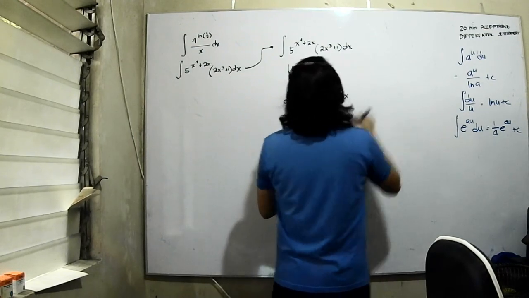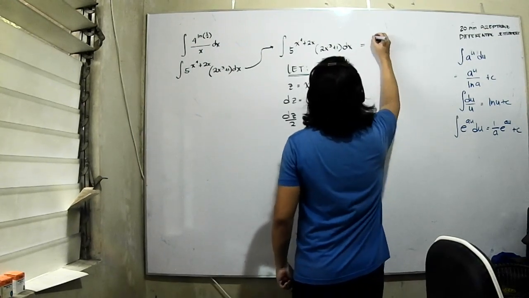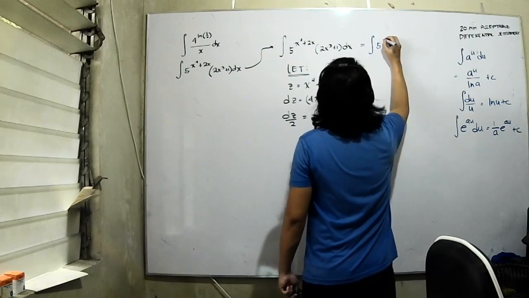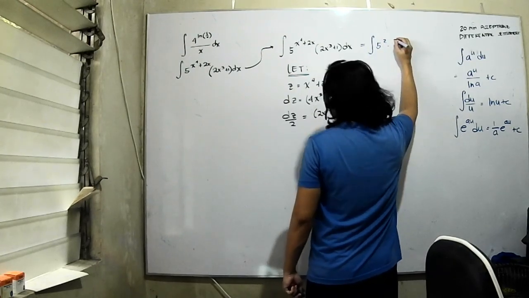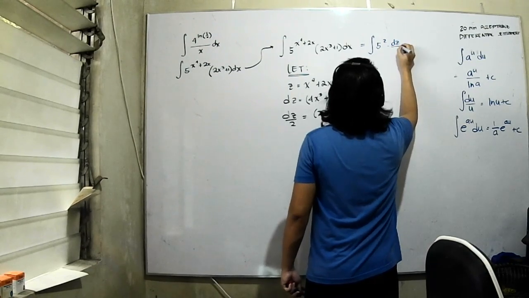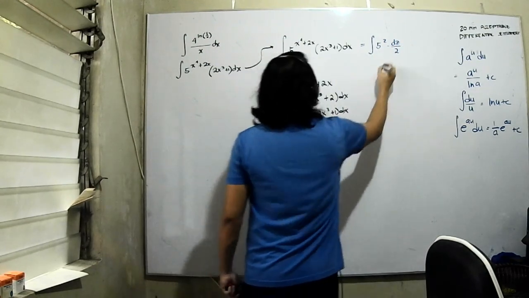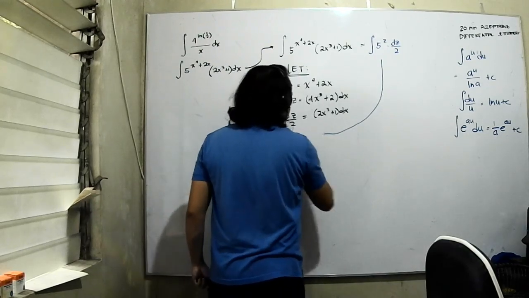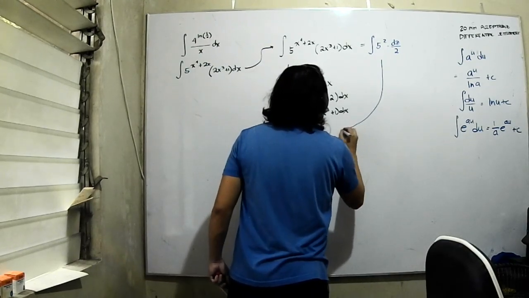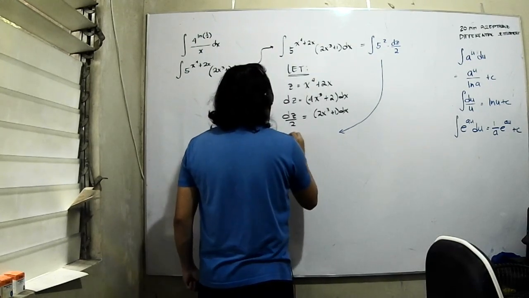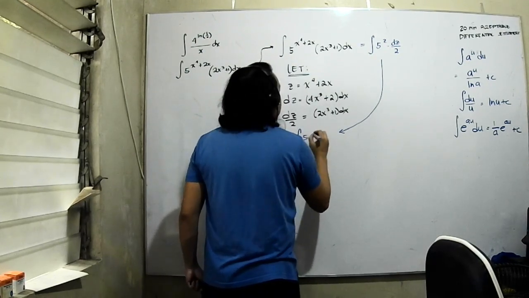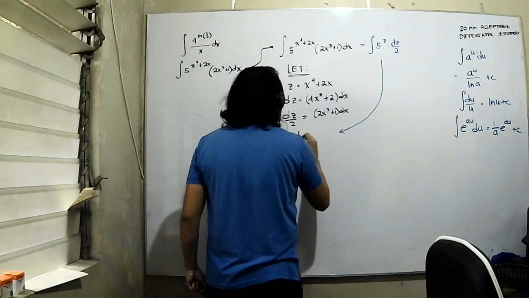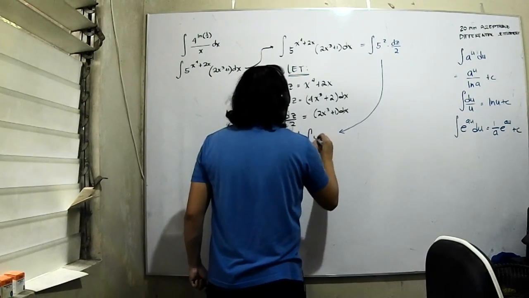So this becomes the integral of 5 raised to the power of z multiplied by dz over 2. I'll just pull this down here so I can continue to solve. This should be equal to 5 to the z, factor out 1 half, a constant.